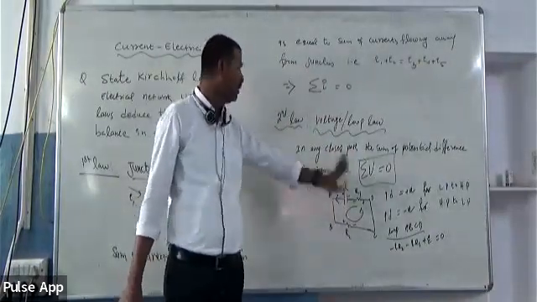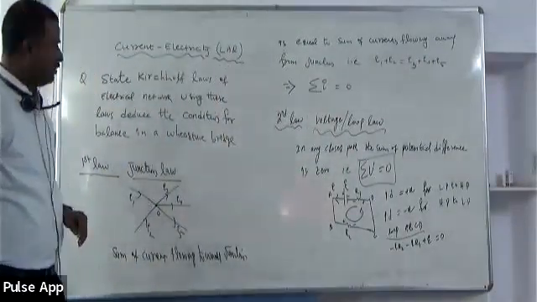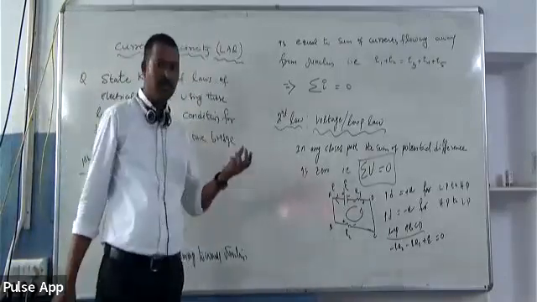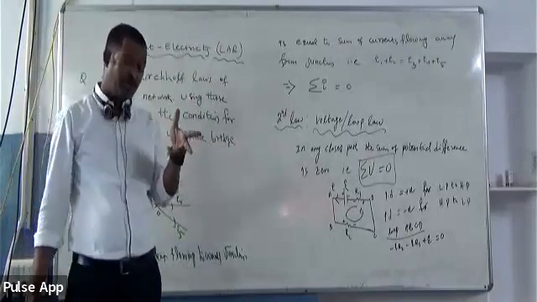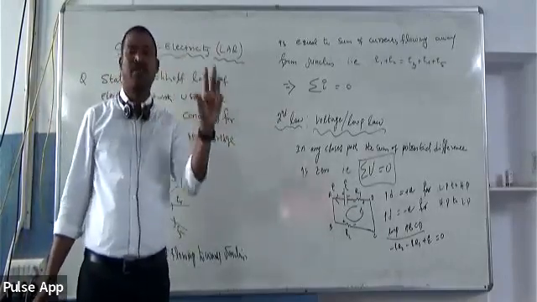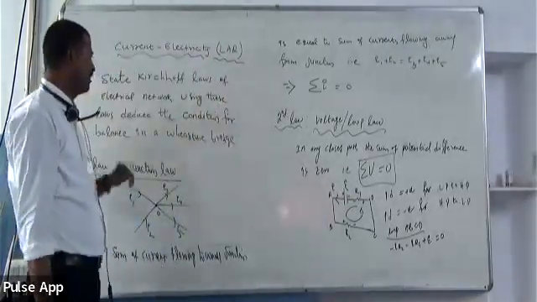Just one example here and one example here. Is it clear? Simple. The sum of the current flowing toward the junction is equal to the sum of the current flowing away from the junction. Total potential difference in any closed path is 0. These are the two laws of Kirchhoff.